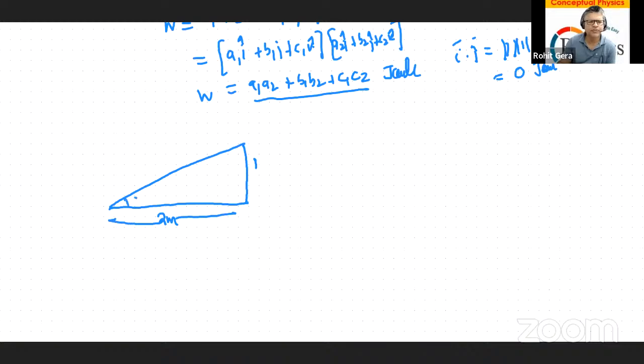So he starts from here, his mass is 75 kg, and he reaches here. How much work has he done in moving across this? The height is 1 meter and the width is 2 meters. How will you tell the work done by the man?